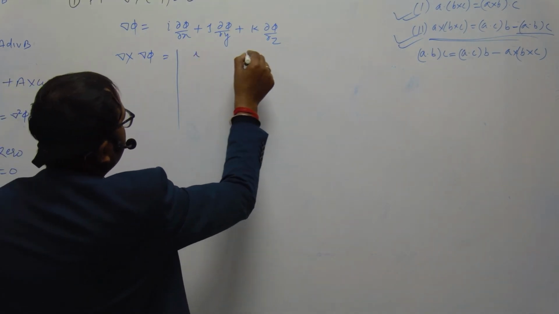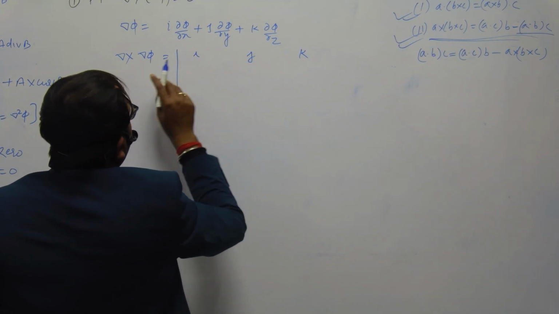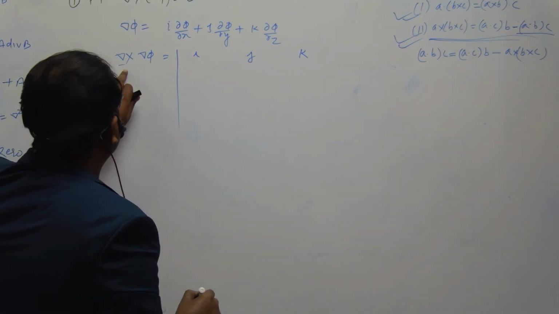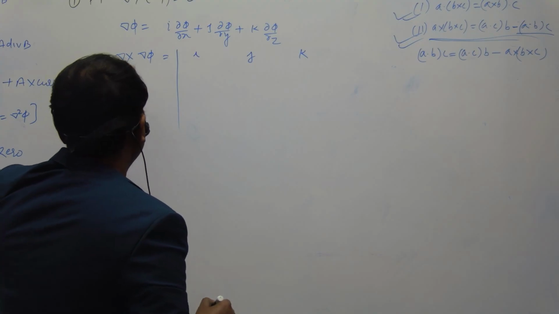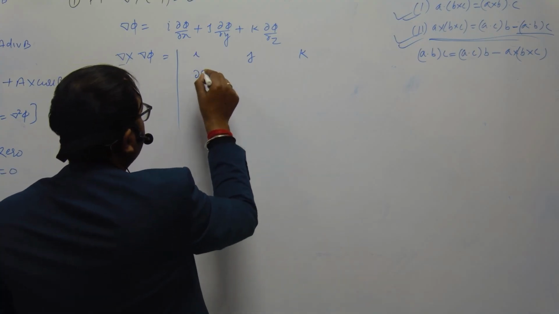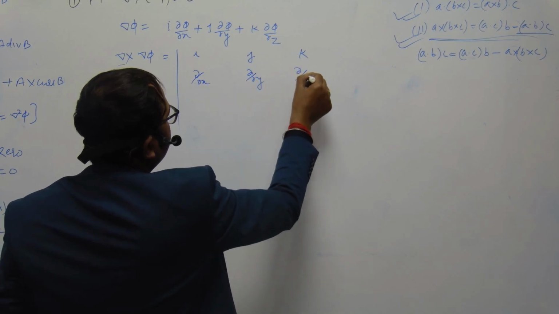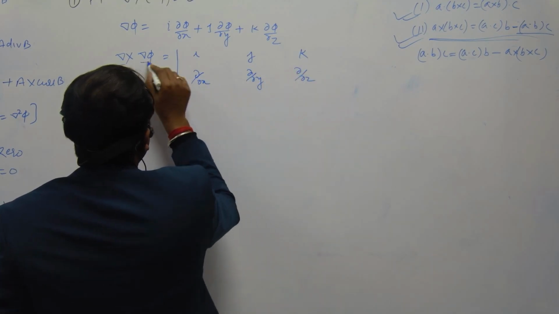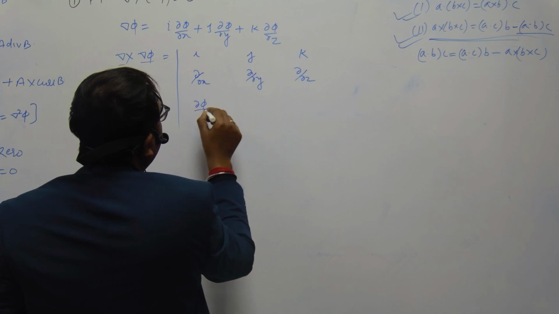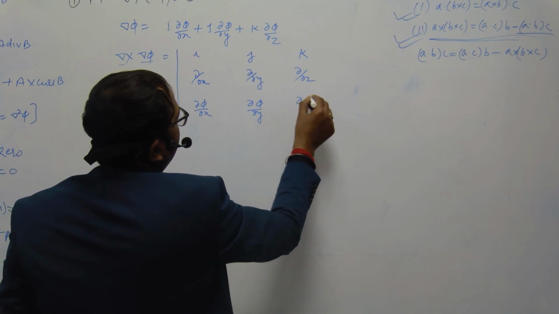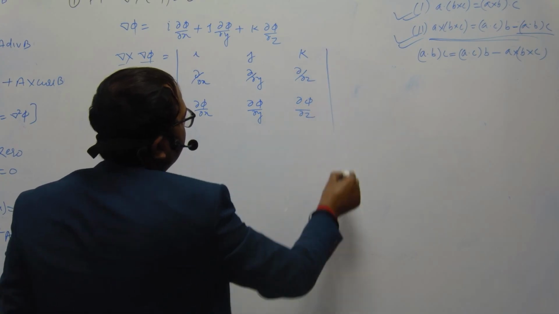This is i, j, k, and the components of the vector differential operator: del upon del x, del upon del y, del upon del z, and the components of del phi: del phi upon del x, del phi upon del y, and del phi upon del z.